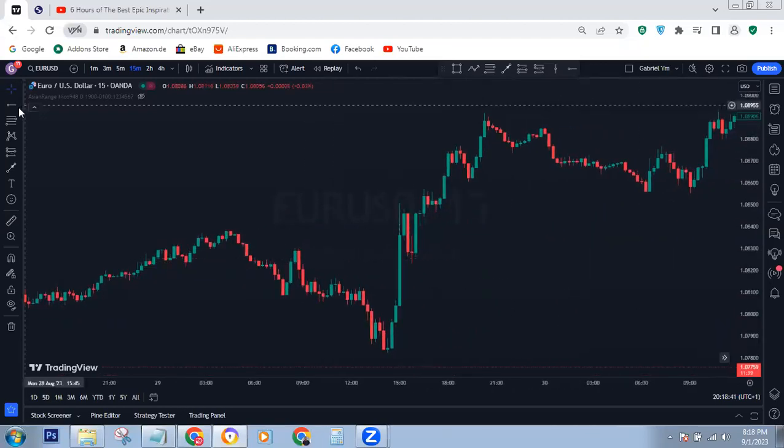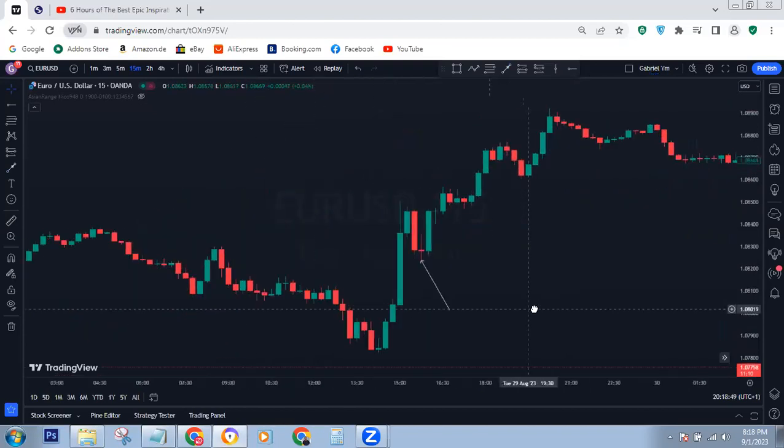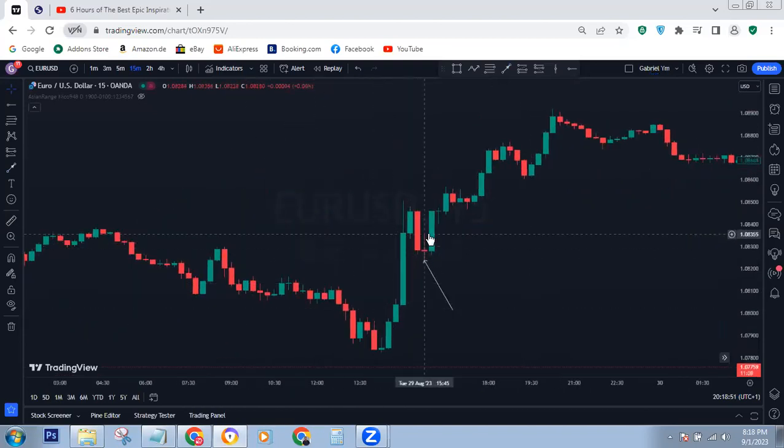Oh, when we are talking about doji, this is an example of doji also. This down here. This candlestick pattern is also known as doji.